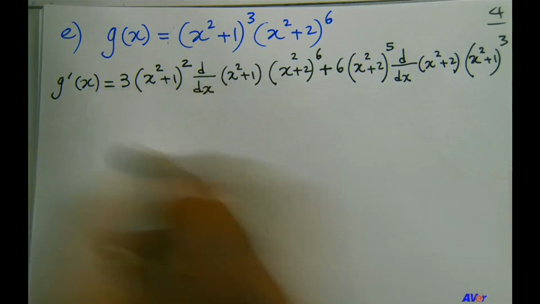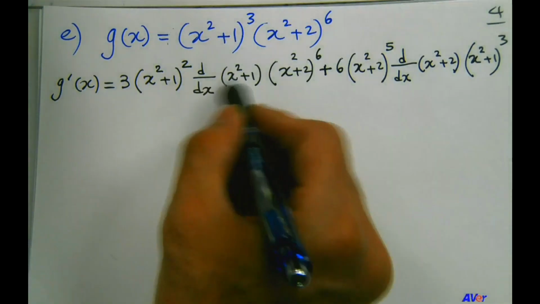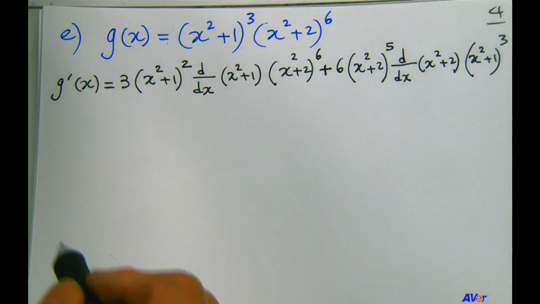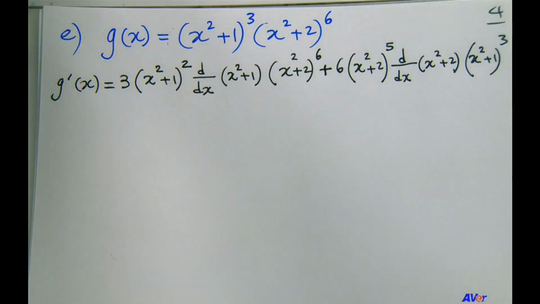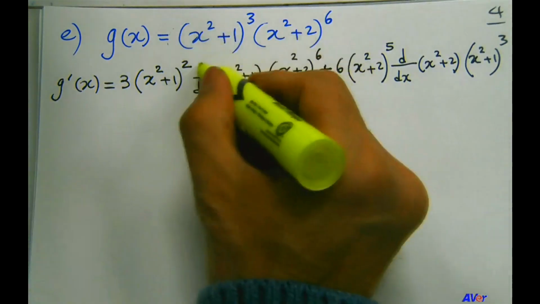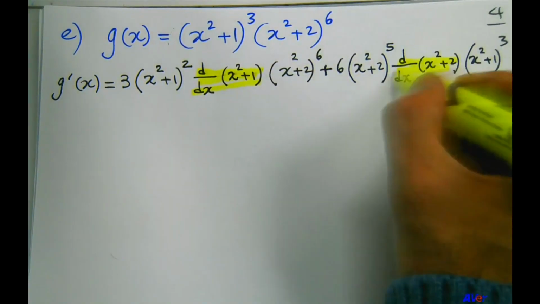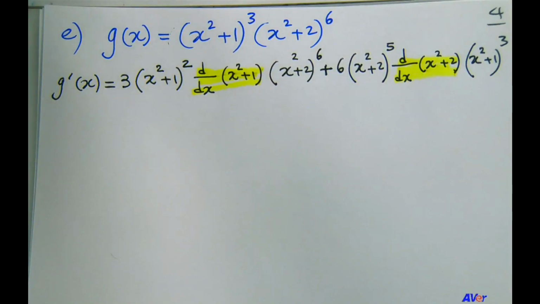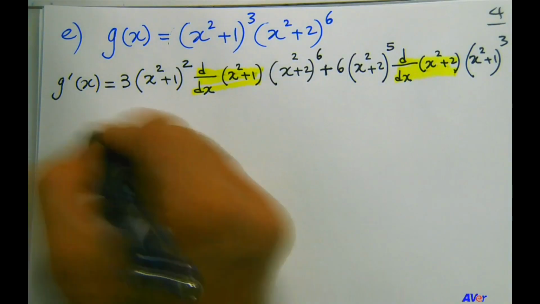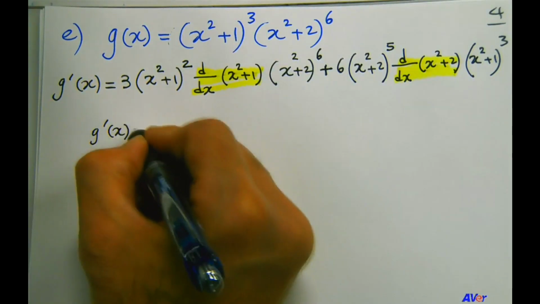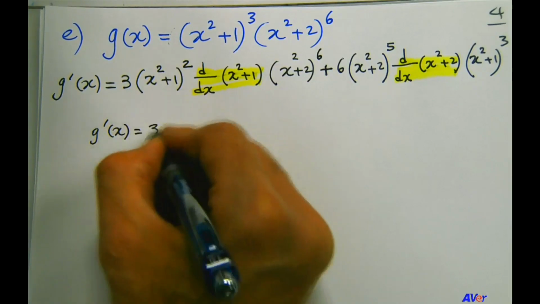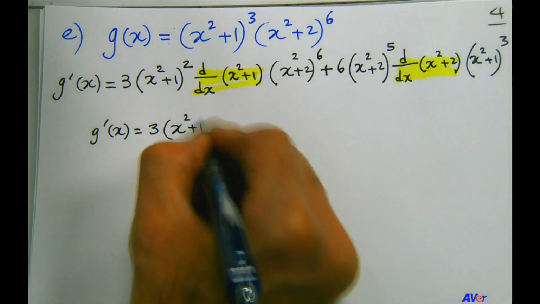Okay, so now let's simplify this and take care of these two, because we still need to find this derivative and this derivative, right? So g prime of x is equal, I'm going to write this as it is, 3 times x squared plus 1 squared.